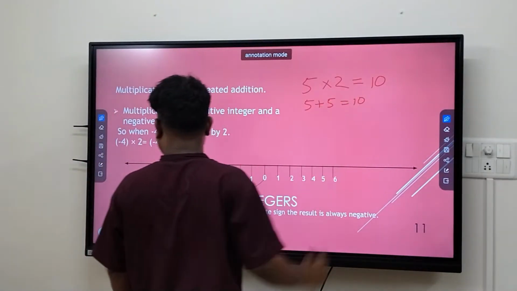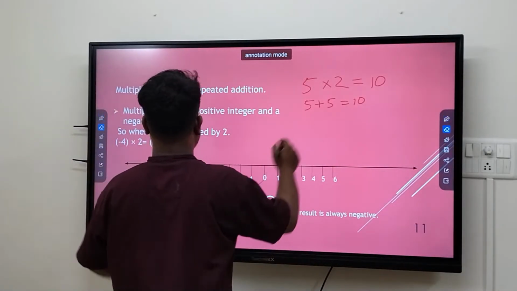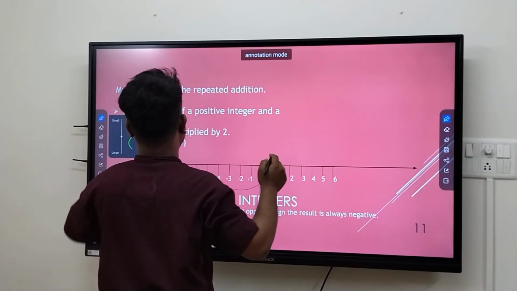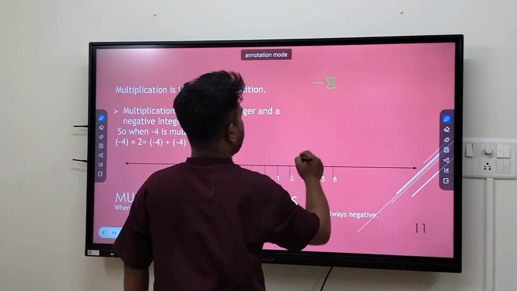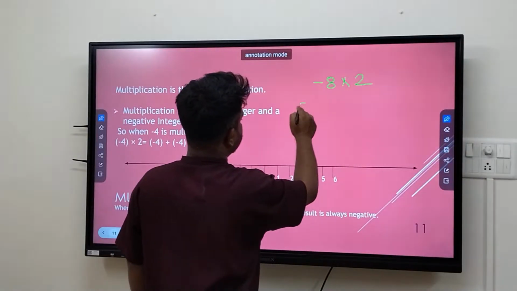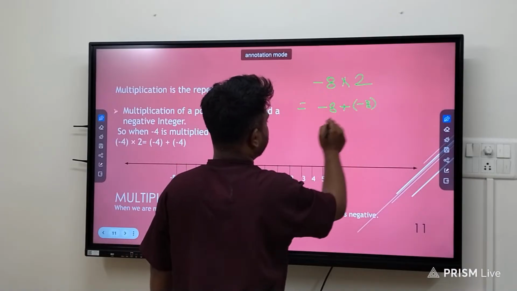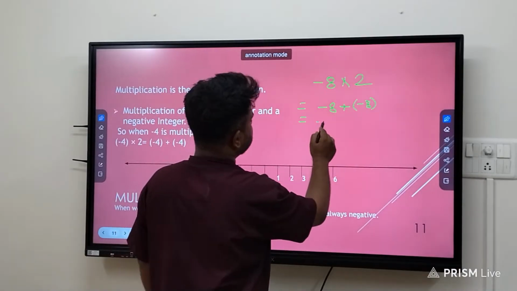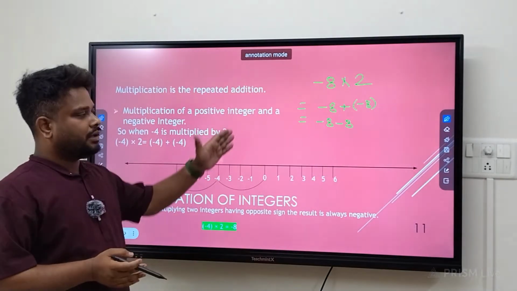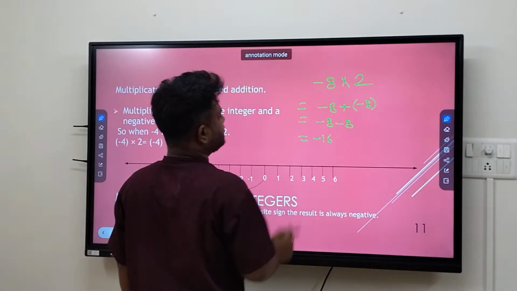Okay, so what about negative numbers? If I take a negative number like minus 8 and multiply it with 2, this is actually adding minus 8 with minus 8, and we know plus and minus multiplied become minus. So minus 8 and minus 8 will give us minus 16.